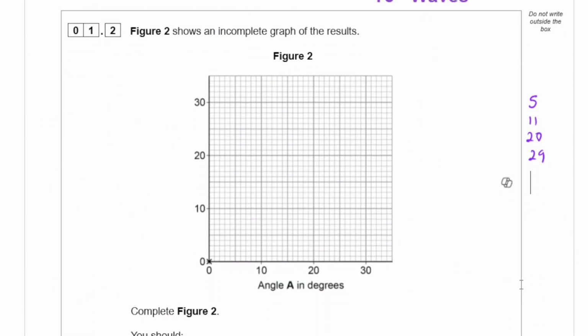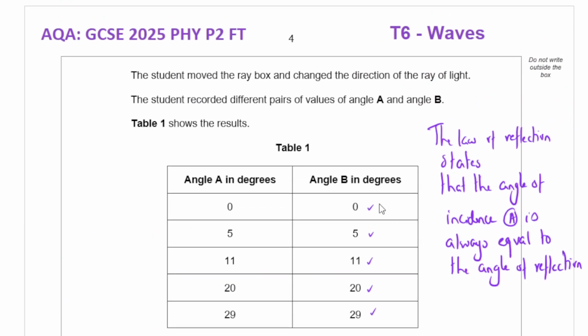We have angle A in degrees, which makes the y-axis. Angle B in degrees. We just copy the heading from the table here.